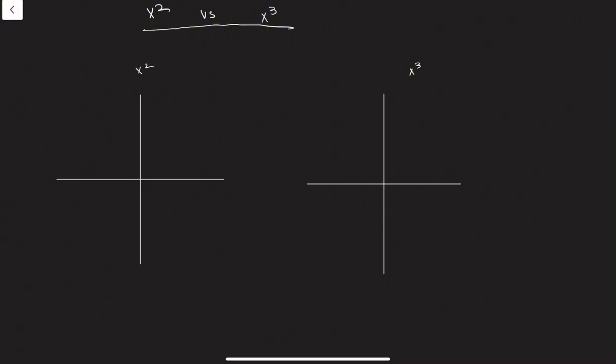Recall, you should know that the x squared graph looks something similar to this, and x cubed would look something like this. Note, both of these pass the vertical line test, so they're both functions. We can say that this is f of x equals x squared, and this is f of x equals x cubed.